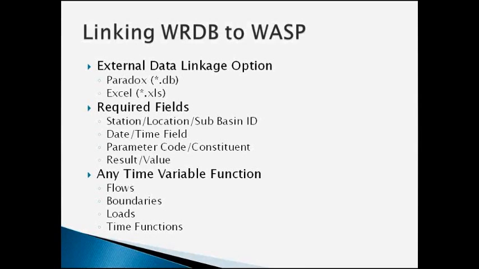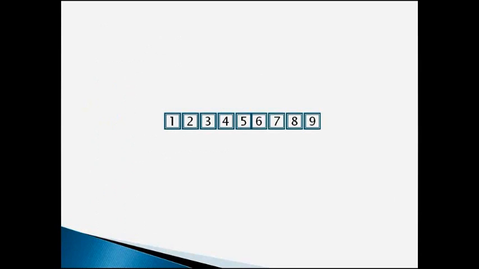You can have external linkages to these files for any of the time variable functions in WASP, such as flows, boundaries, loads, and time functions. So let's look real quickly at what we're going to be doing. I have a simple 9-segment system. We're going to use the water temperature that was predicted by LSPC coming off the land surfaces to drive the water temperature in this segment.